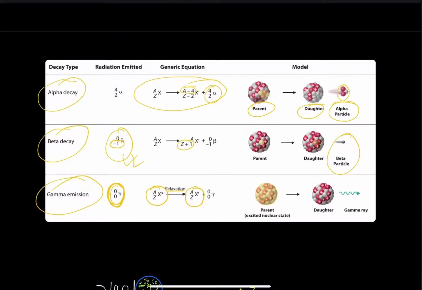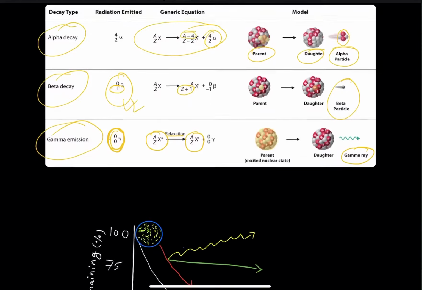That's the process of decay. I don't know, that analogy might not work well, but the idea is you are excited, you want to go through some kind of relaxation process and give some kind of ray, but you're not going to give any particle here. That's a pretty important concept.